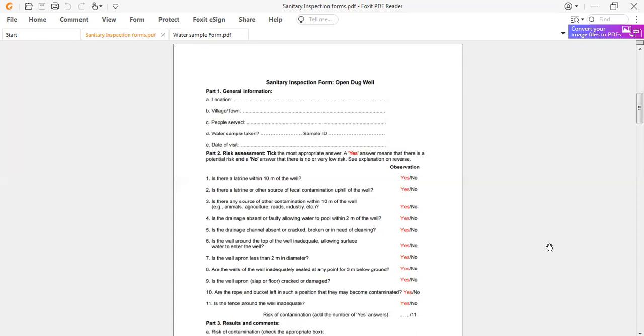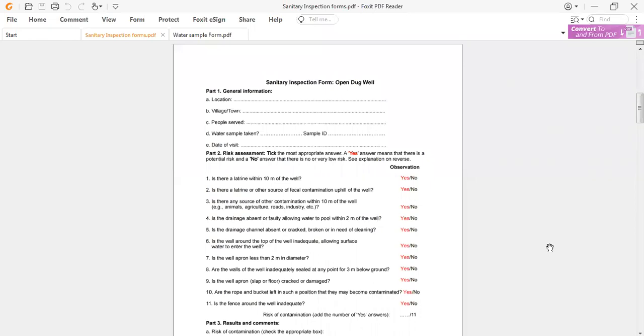So if your well is located downhill and your latrine is uphill, the rate at which this well can be contaminated is very high, because even runoffs can wash feces from this latrine and easily deposit it in the well. So if that is the case, you definitely tick yes.